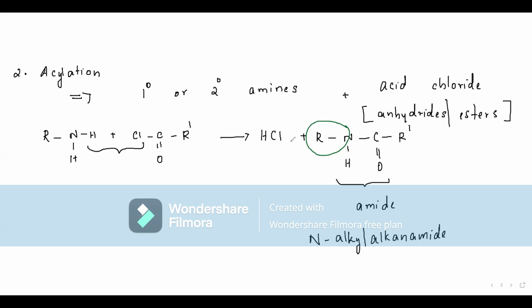To remove HCl, we use a base, something like pyridine here.